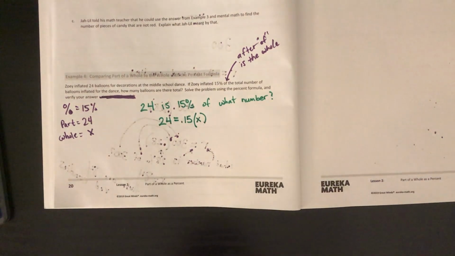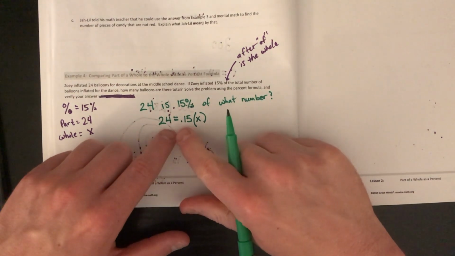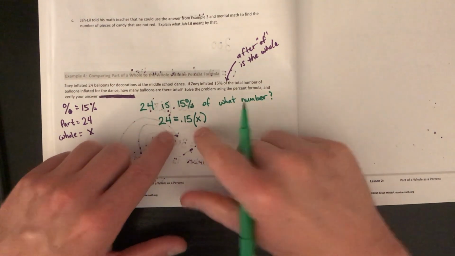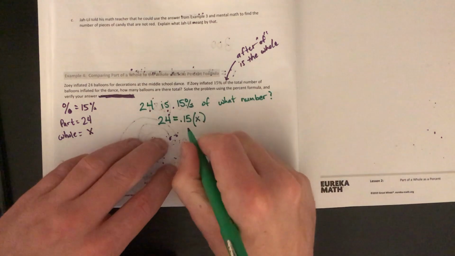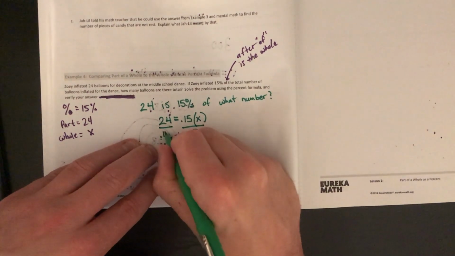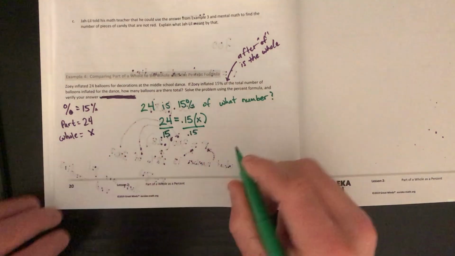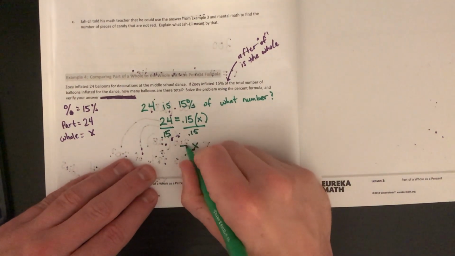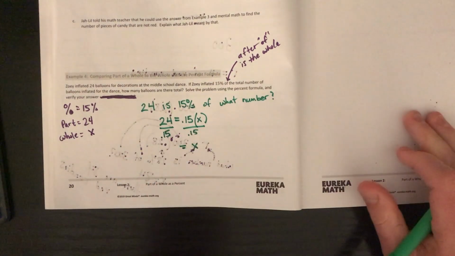X. And now to solve this algebraic equation, since I have 0.15 times x, I need to divide both sides by 0.15 to get that x by itself. And so x is going to equal whatever 24 divided by 0.15 is.